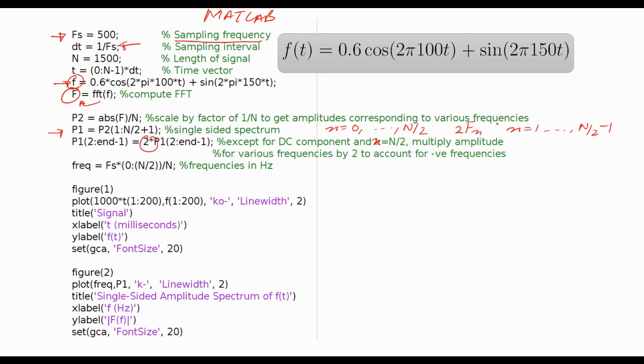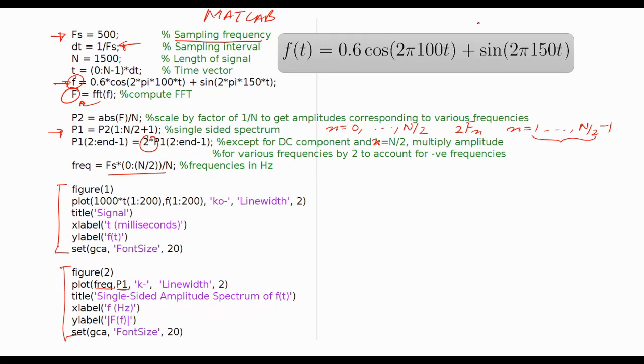So we've multiplied only the frequencies corresponding to small n equals 1 to N by 2 minus 1 with a factor of 2 so that we get the right amplitude. And of course, the physical frequencies that we have in the signal are given by this formula over here. Then we can plot the signal in time domain using this part of the code, and we can plot frequency versus the amplitude of the DFT coefficient in the next figure.